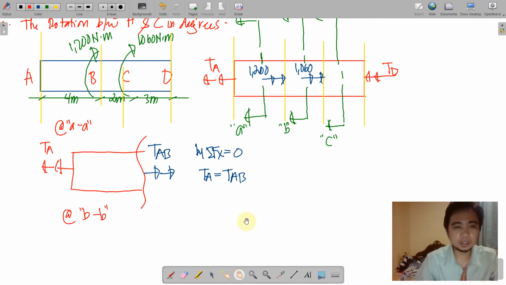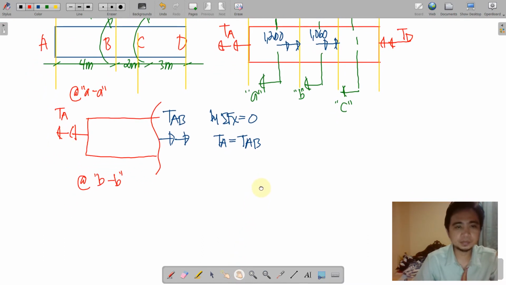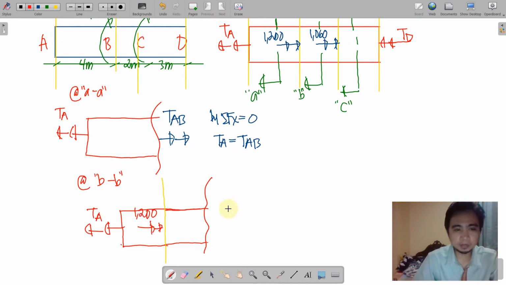So moving on at section BB, this time 1,200 Newton meter is already included in your section. So now again, we are going to assume a direction for the torque at this segment that is going towards right. And this is actually for the segment BC.